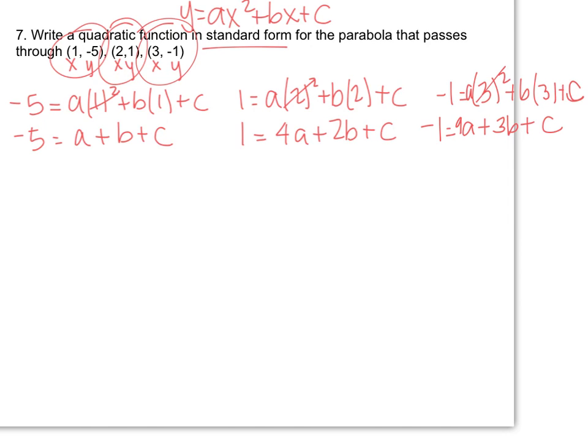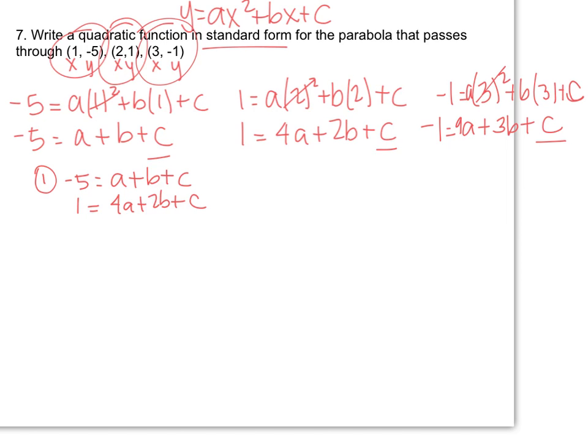Notice that all 3 of the equations have just a c. So that's what I'm going to do as my first step: I'm going to choose 2 equations and eliminate the c's. I'm just going to choose this first one and the second equation. And notice, in order to eliminate the c's, I would need to multiply one of them by a negative.